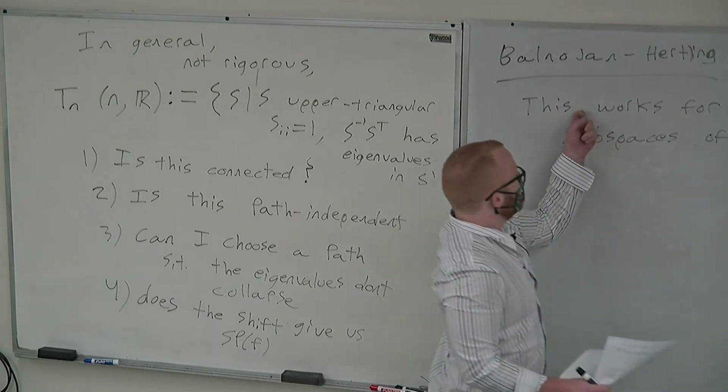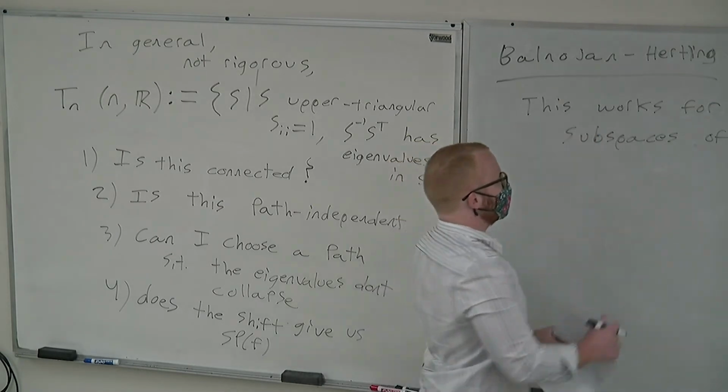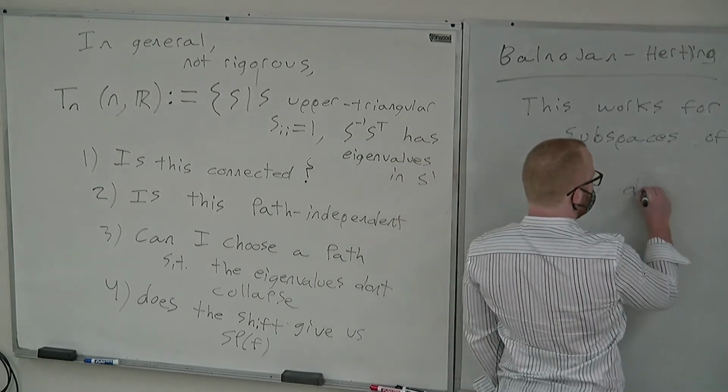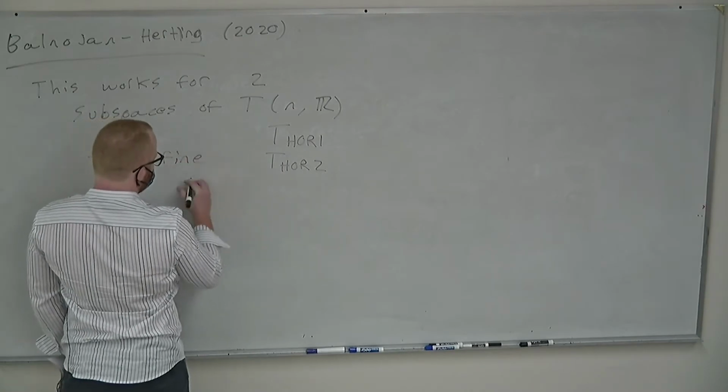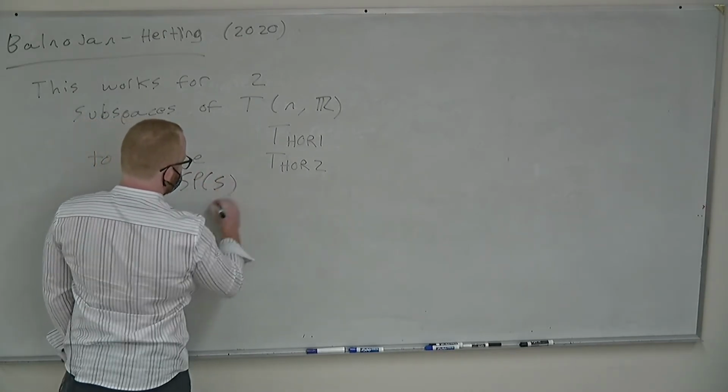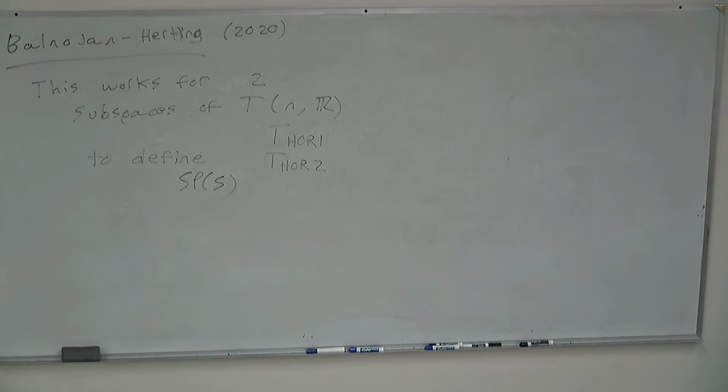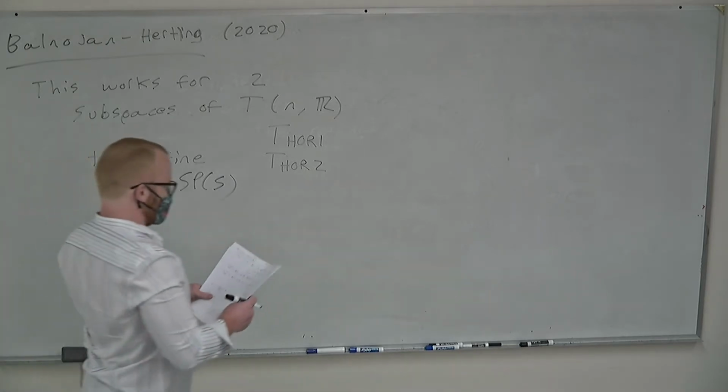So when I say this works, I mean to define the spectrum of this matrix S. And I know I'm continually switching from chi to S, but we'll just say it's S from now on. That was my mistake writing these notes.